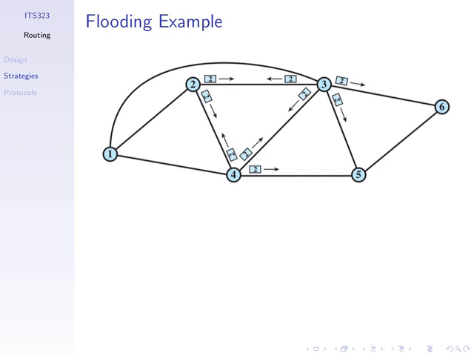So without a sequence number, there's no way to distinguish whether this is a copy of this or if it's in fact unique. With a sequence number, this one will have a sequence number of 1. If it's a copy, it will also have a sequence number of 1. If it's unique, it will have a different sequence number.